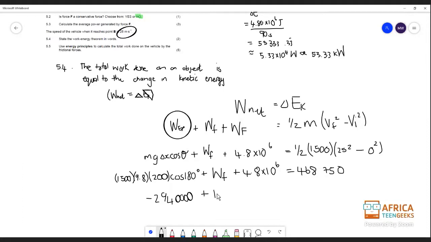And I hope someone is doing this with me and double checking. Plus 4.8 times 10 to the 6 is equal to 468,750.